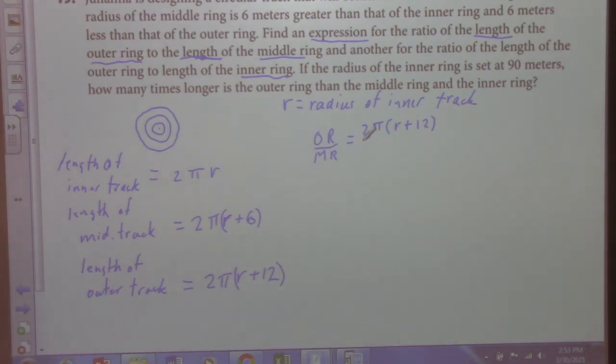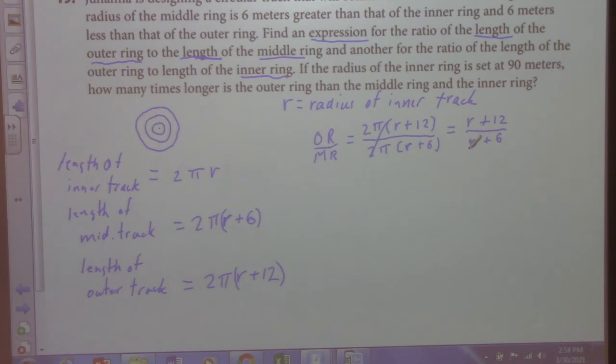Using the language of quantity, that's really advanced, good. And then the middle ring is going to be this one, right? So we get 2 pi times R plus 6. So is that an expression? And can this be simplified? Yeah. So we have R plus 12 over R plus 6.